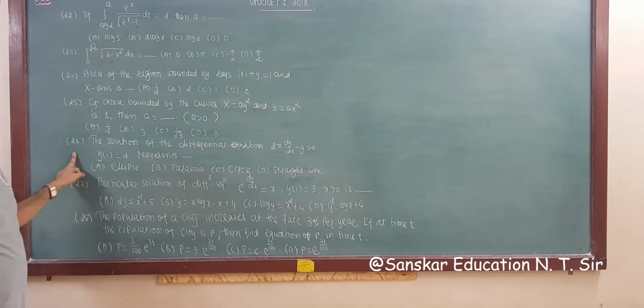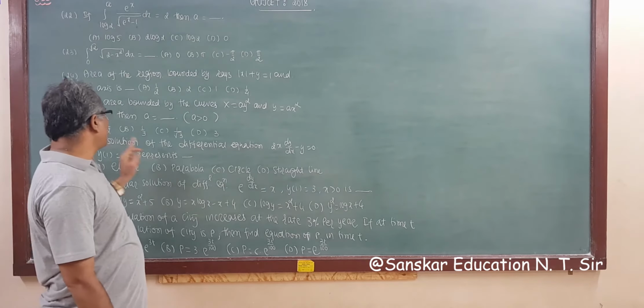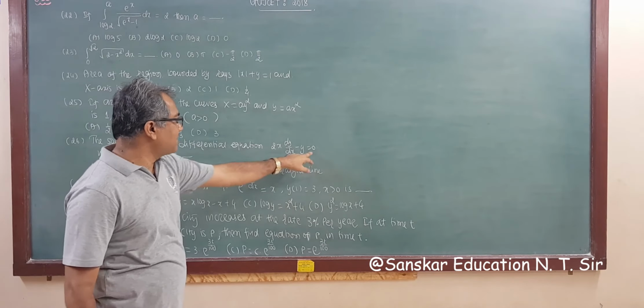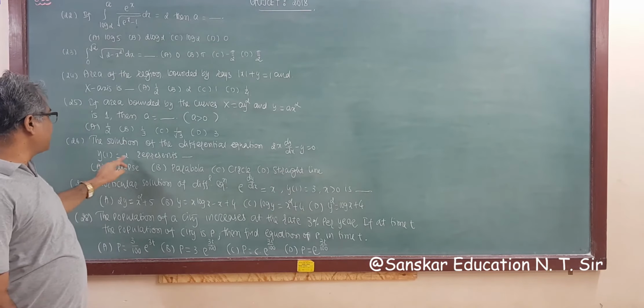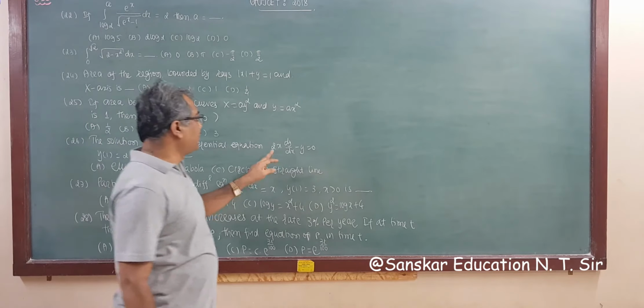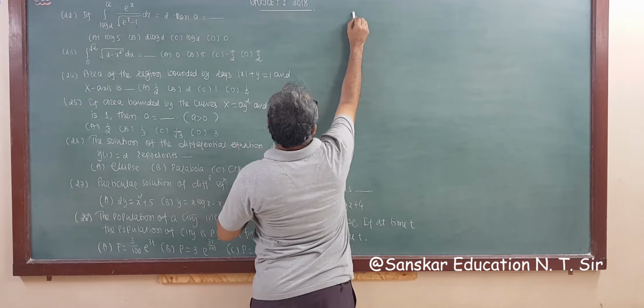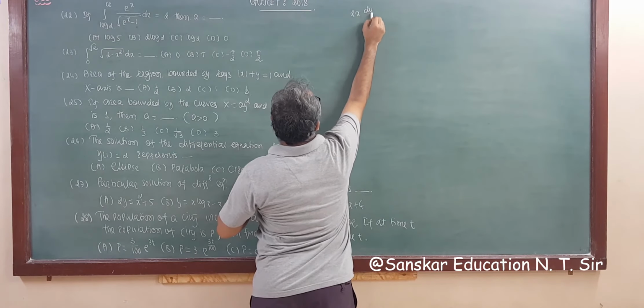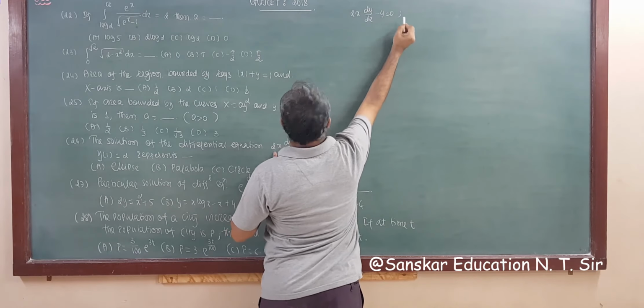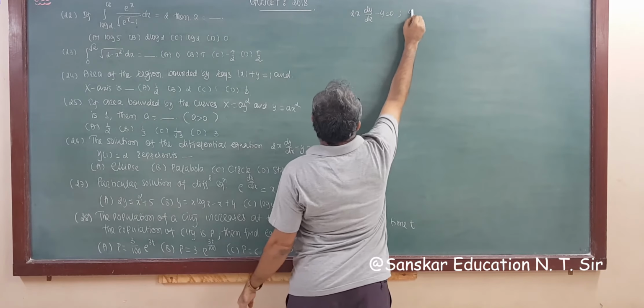Now question number 26. The solution of the differential equation 2x dy by dx minus y equal to 0, y(1) equal to 2, represents... That means we have to find the particular solution. So it is given 2x dy by dx minus y equal to 0 and y(1) is equal to 2.